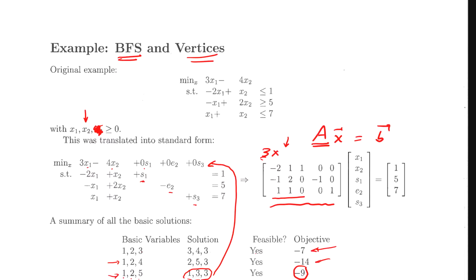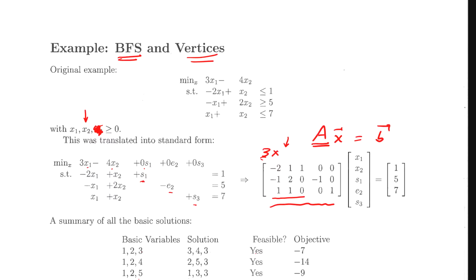Did I do that incorrectly? Yes, it's 3 times the first one minus 4 times the second. So what is that? 3 minus 12 gives me the -9. Good. Okay, so you can kind of see how to get that.